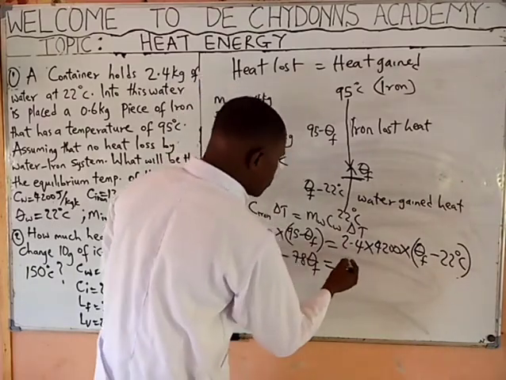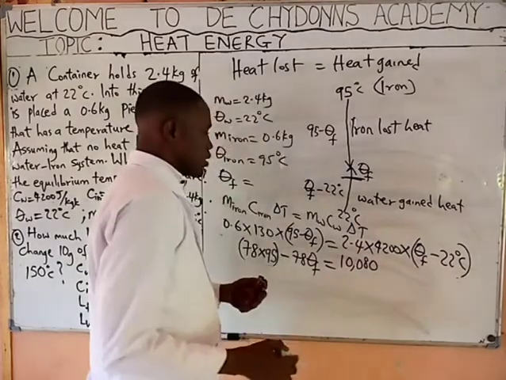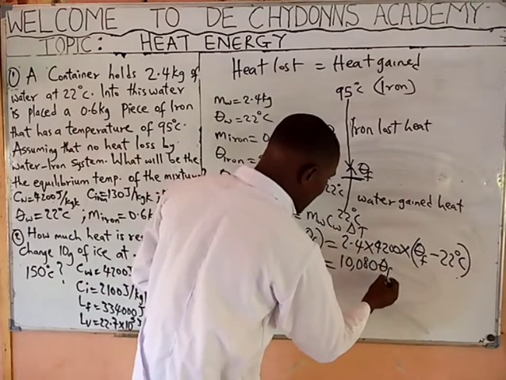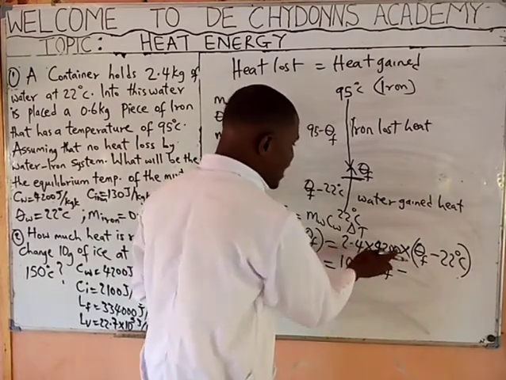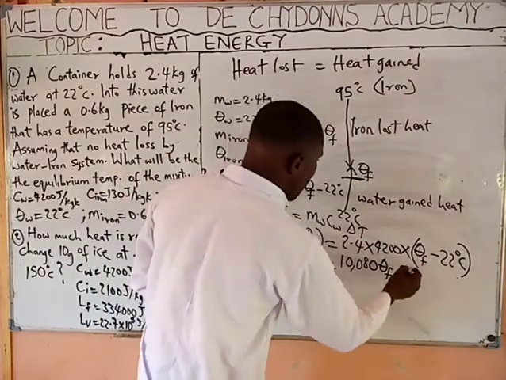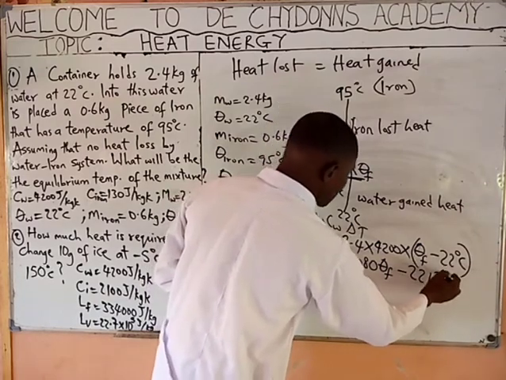That will be giving you 10,080. Then 10,080 times theta F minus 2.4 times 4,200. That will be giving us 10,080 times 22. That will be giving us 221,760.